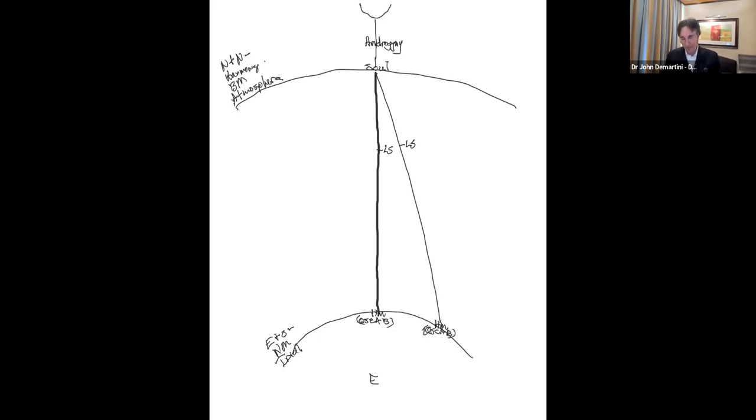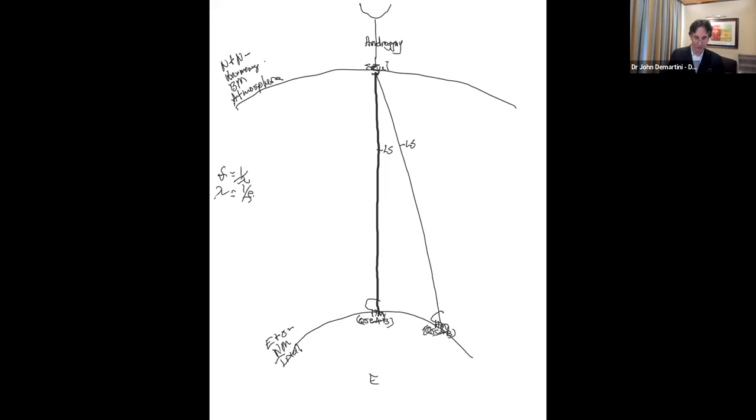Now, I want you to imagine that this is a wave at a certain frequency, and these are waves at a lower frequency. Now, frequency equals 1 over the wavelength, lambda, and lambda equals 1 over the frequency.